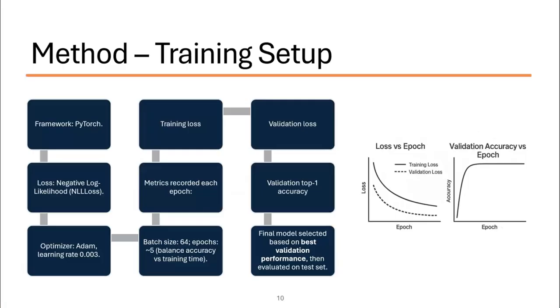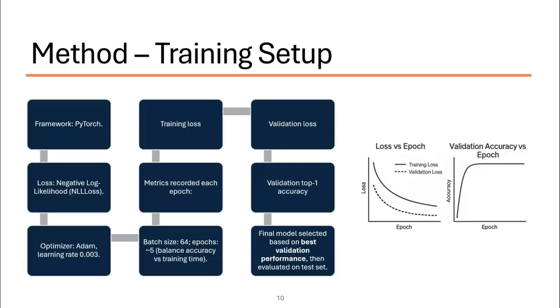Coming to the method and training setup, training is implemented in PyTorch. We use negative log likelihood loss and the Adam optimizer with a learning rate of 0.003, and the batch size is 64. We train for roughly 5 epochs, which gave a good trade-off between performance and training time on our hardware.